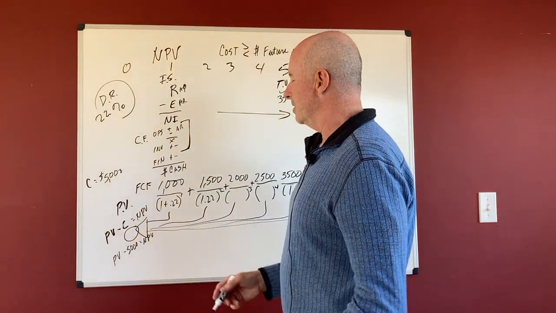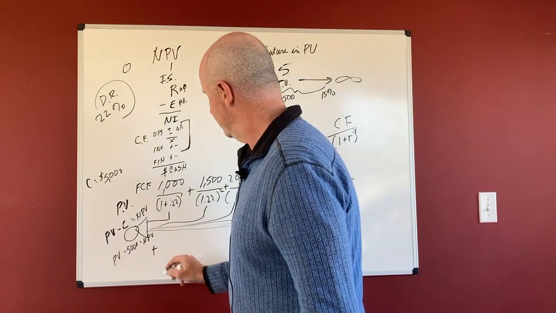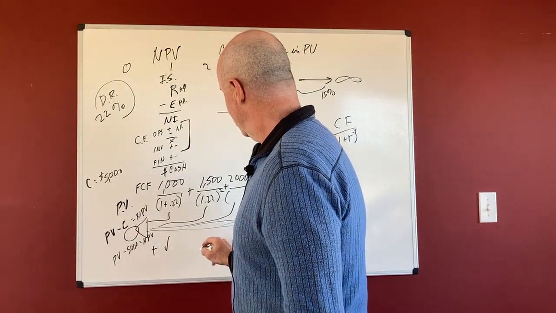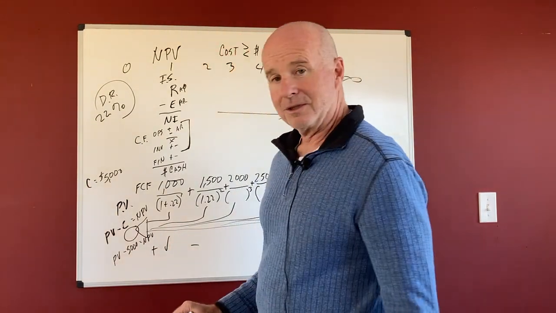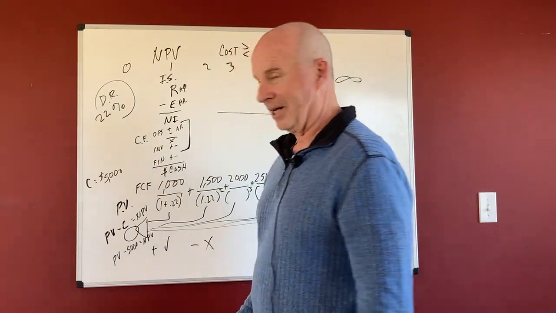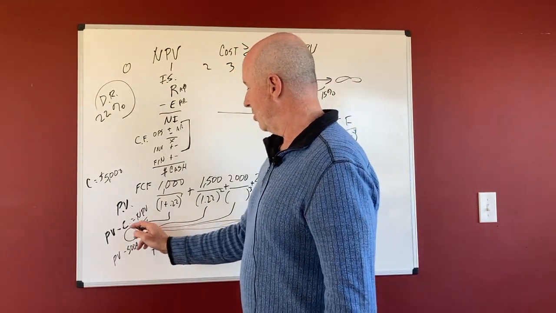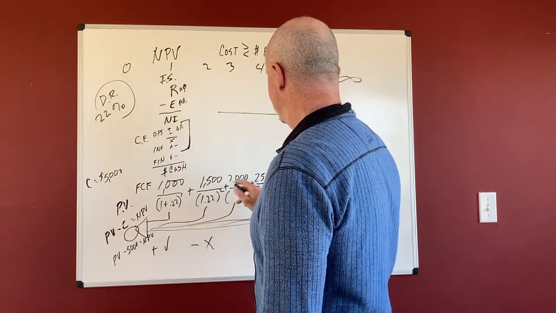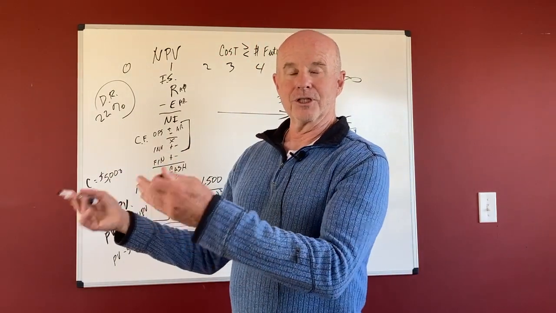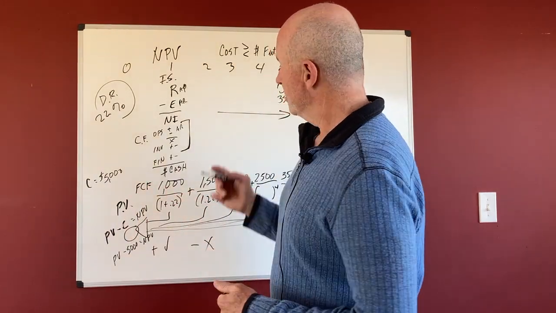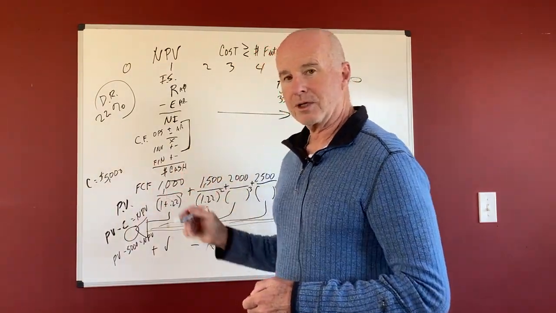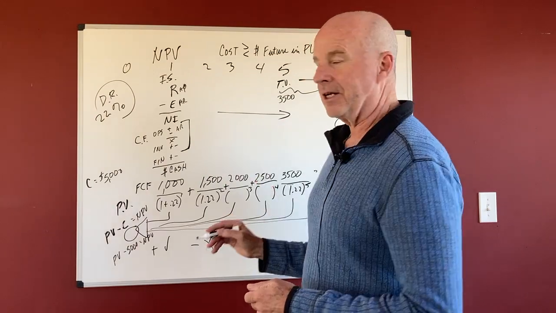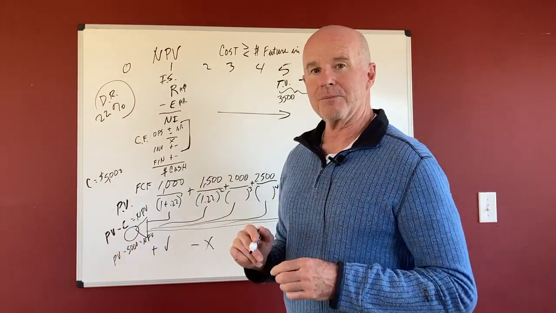And basically, if this number is positive, it's a good project to do. If it's a negative number, then you don't do that project, right? Because that means the cost is more than the present value of the future income streams. So there you have it. That's how this works. That's how you set it up. That's how conceptually you think about these things.